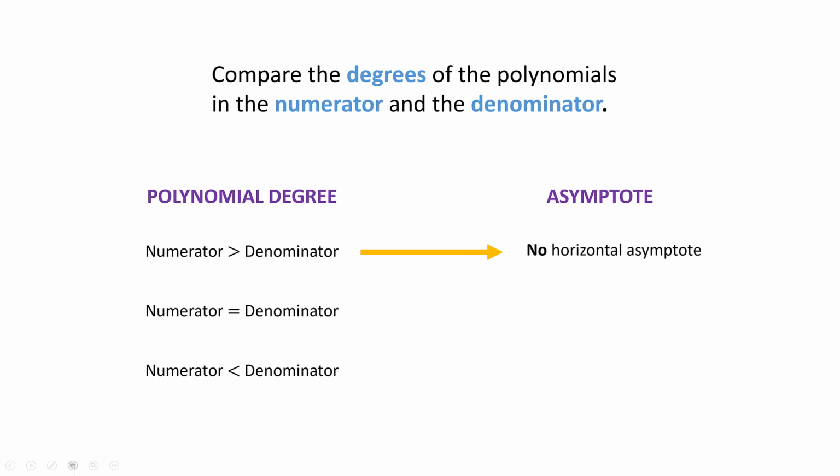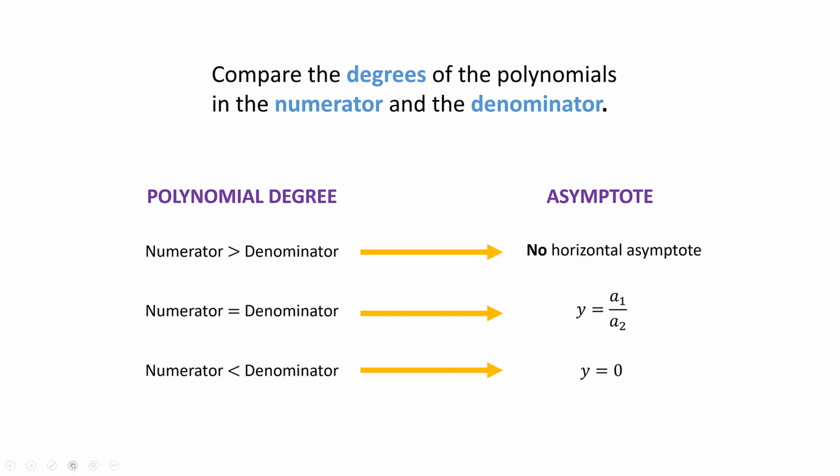If the degrees of the numerator and denominator are the same, that means that they do have a horizontal asymptote at y equals a1 over a2. A represents the coefficient of the first term of each polynomial, the one that has the greatest power. And if the degree of the numerator is smaller than the degree of the denominator, that means that its asymptote is at y equals 0.